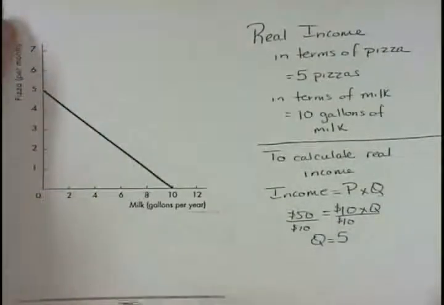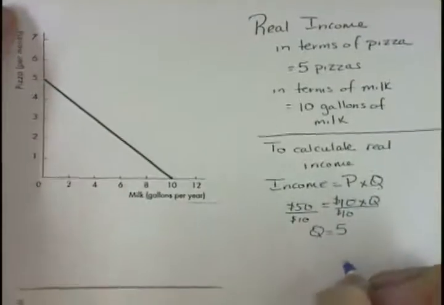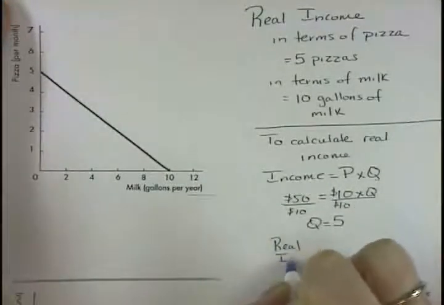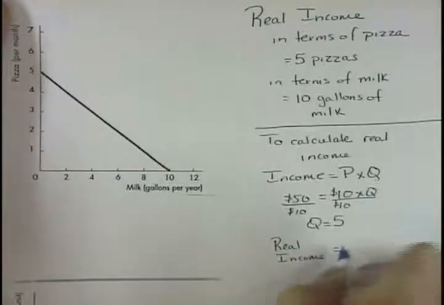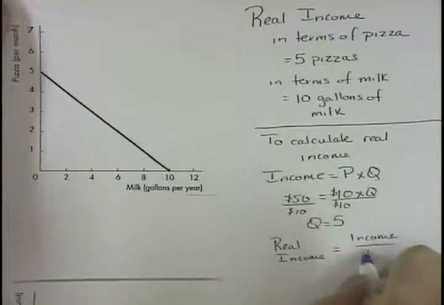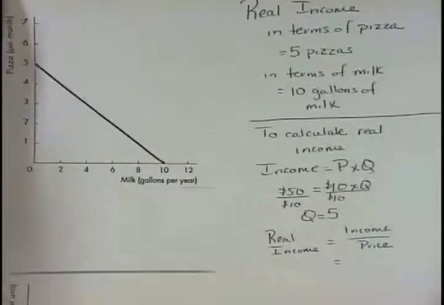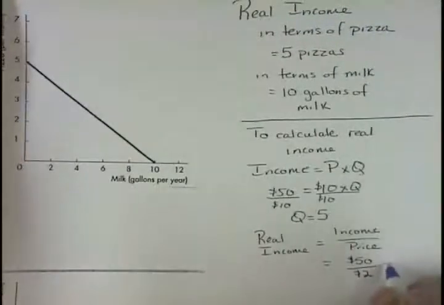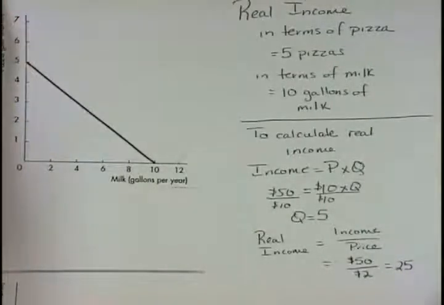We could also do it for milk. So our formula for the real income, which again is really just the Q portion here, is going to be our income divided by that price. So if we knew that our income was $50, and let's say that the price of milk is $2, then we would know that our real income in terms of milk would be 25 gallons.